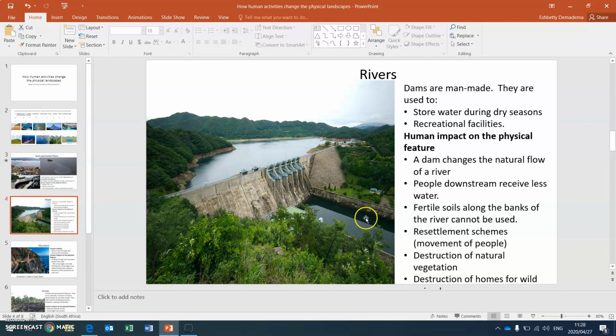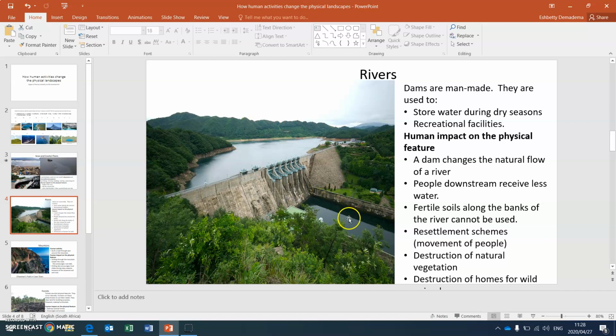The people downstream don't receive as much water as the people at the top that side, because we've actually blocked the water from freely going down. Okay, this is good for us, yes, because we are storing water for the dry season, but then it's not good for the people who are downstream because they do not receive as much water as the people upstream.